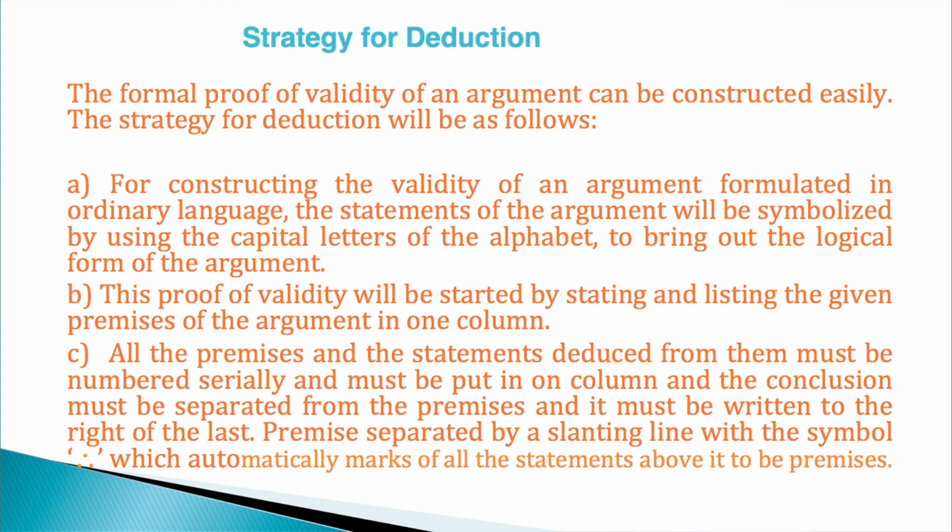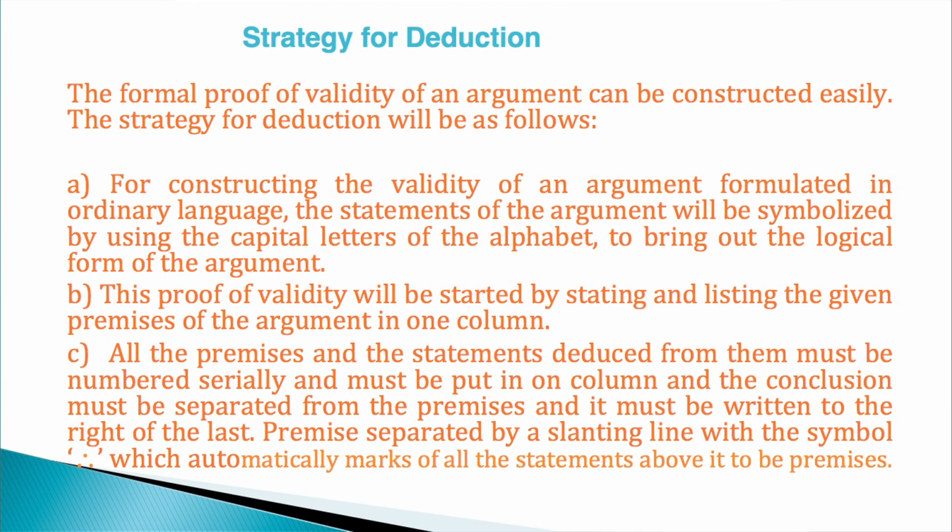Now you see, dear learners, what is the strategy for deduction? Now we have to learn this. The formal proof of validity of an argument can be constructed easily. The strategy for deduction will be as follows. Number 1. For constructing the validity of an argument formulated in ordinary language, the statements of the argument will be symbolized by using the capital letters of the alphabet to bring out the logical form of the argument. Number 2.